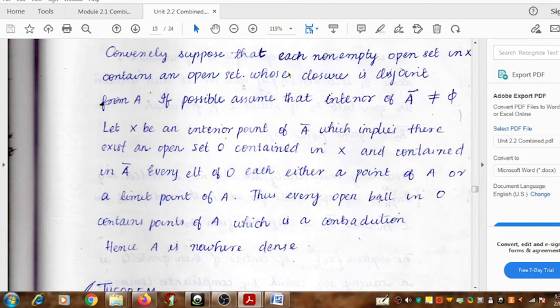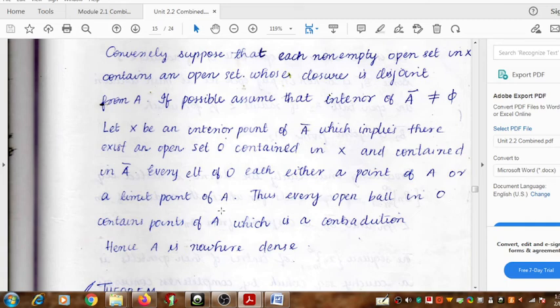So you take every open ball in O, and that open ball contains some point which is a member of O, and that member will be either a point of A or a limit point of A. If it's a point of A, then every chosen open ball contains a member of A.